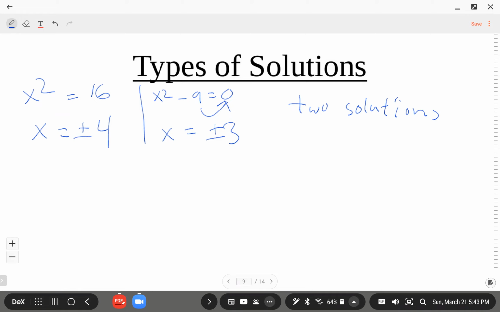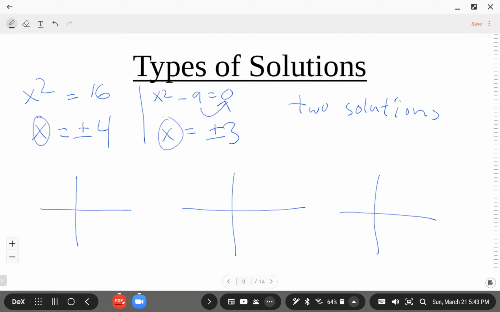No real solutions. Okay, so let's look at 3 graphs right here. Our solutions will be x. Basically, one way we can solve is by graphing. Remember when we were solving systems of equations, we could solve by graphing.